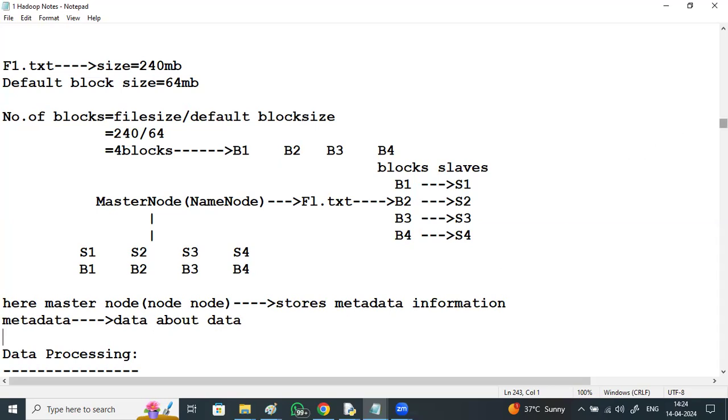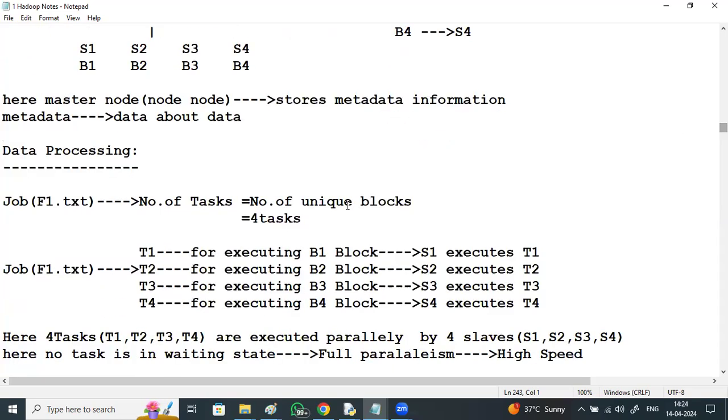Okay, now data processing, right? The job is to process the file f1.txt. Always the job is divided into tasks, then only parallel processing can happen. So the number of tasks in Hadoop always depends on the number of unique blocks. Number of unique blocks, how many? 4 blocks.